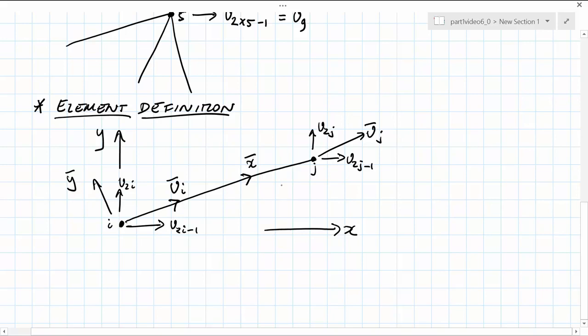The element is in an inclined orientation, which we denote by the angle theta.